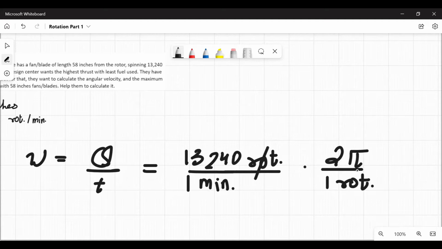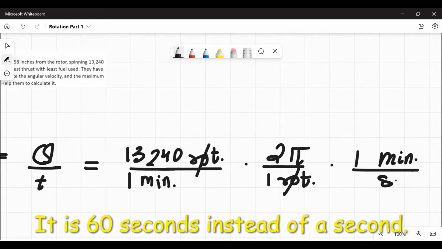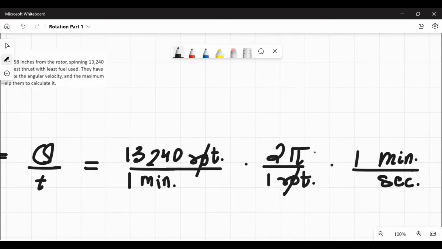So rotations cancel out. Now we are also going to further multiply it by 1 minute per 60 seconds, because I forgot to mention that we want to find the angular velocity in radians per second.